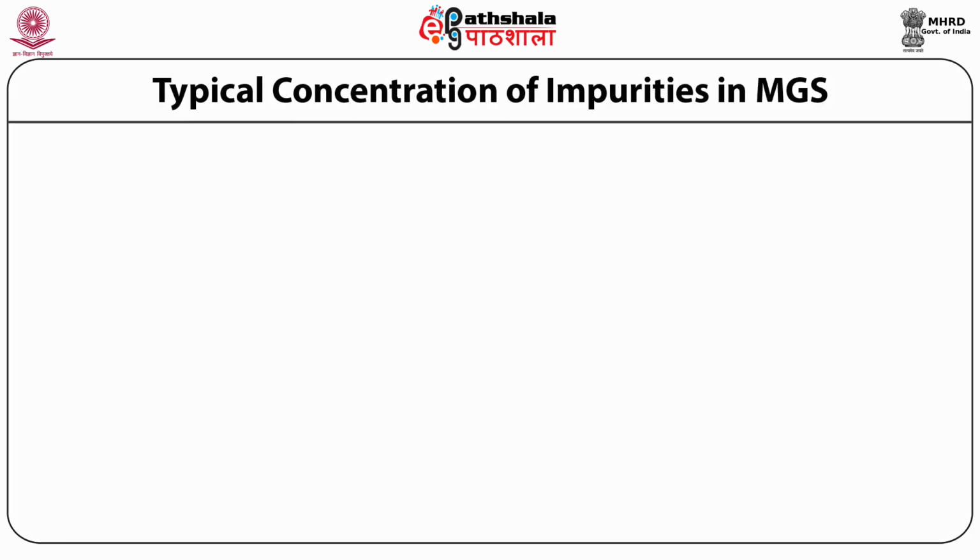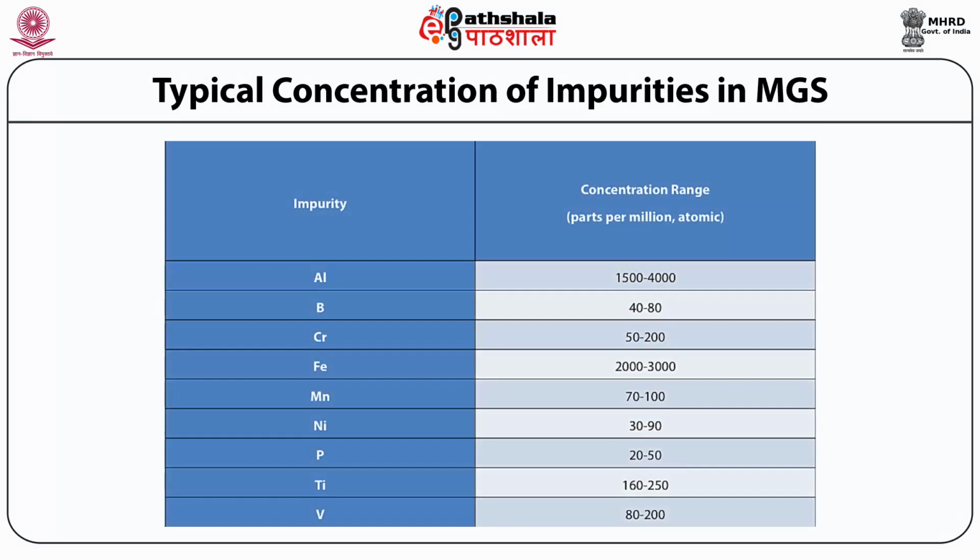The typical concentration of impurities in MGS is given in this table. As you can see from this table, for each impurity a particular concentration range in units of parts per million has been specified.